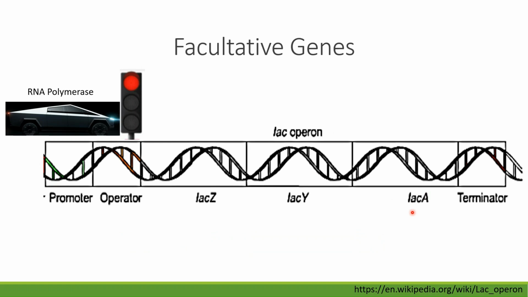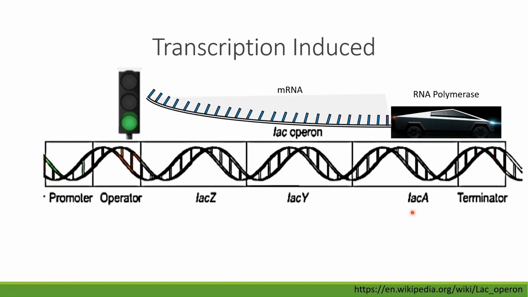You can have transcription factors that help it land, but for all intents and purposes, we have our promoter, the RNA polymerase is bound, and now that operator appears to be a red light right now. It's off. And so that cyber truck, that RNA polymerase, does not go down the raceway here. It does not look at that template strand and make an mRNA copy. But under certain environmental stimuli, that can turn to a green light, and it can go ahead and copy the way through.